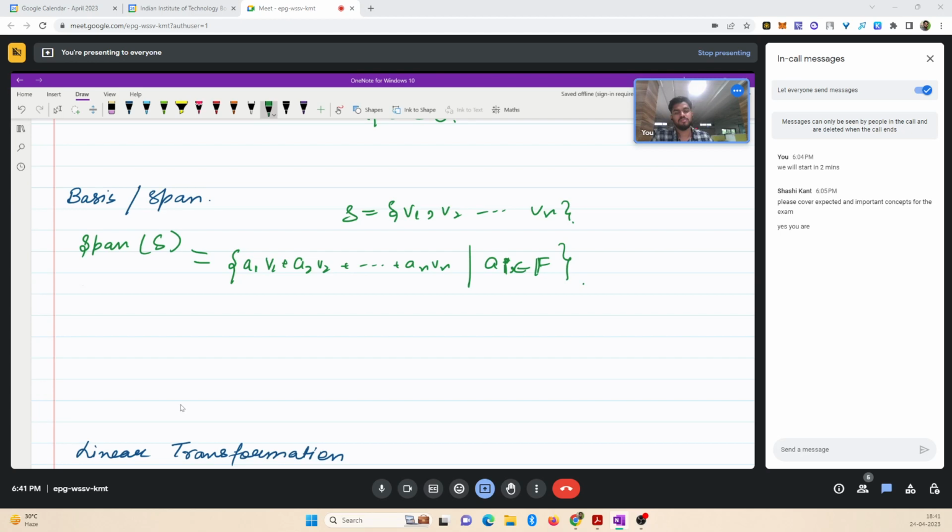So for example, let's say you are talking about R2 and you have S as a single element set, that is your (1, 1). Can we call it like the range of that linear combination?